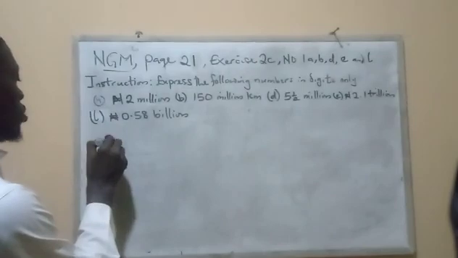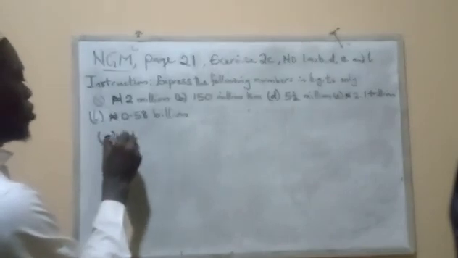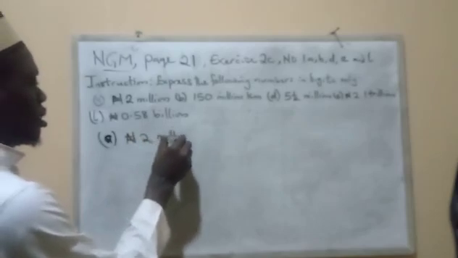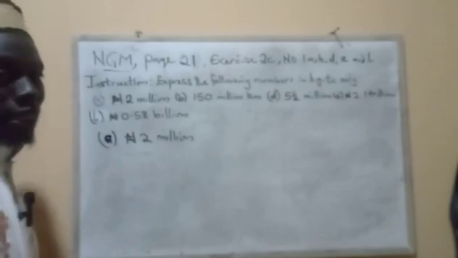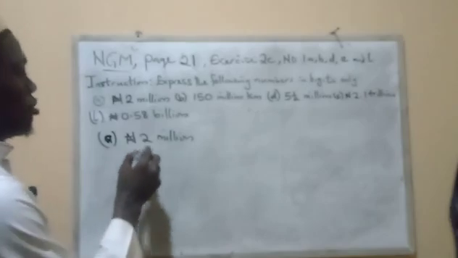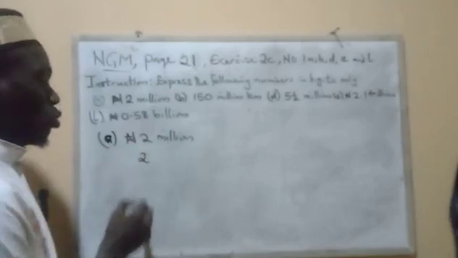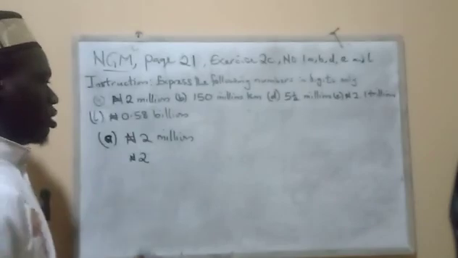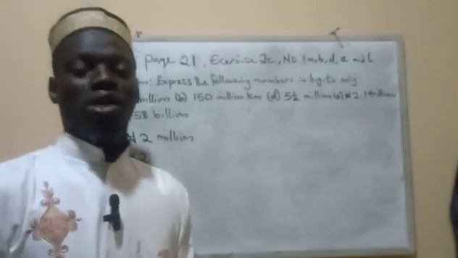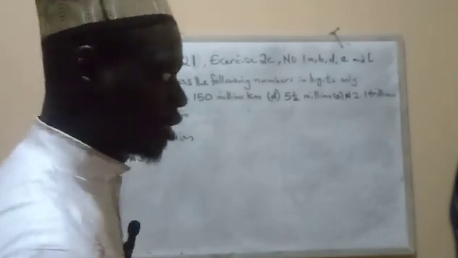The first one, so we have 2 million naira in digits only, meaning we are going to write the 2, and we know that million has 6 zeros.